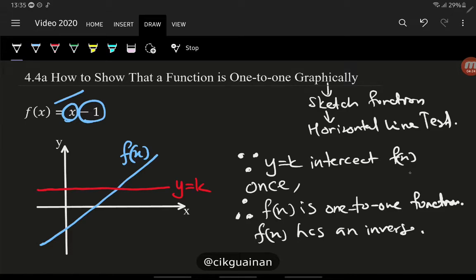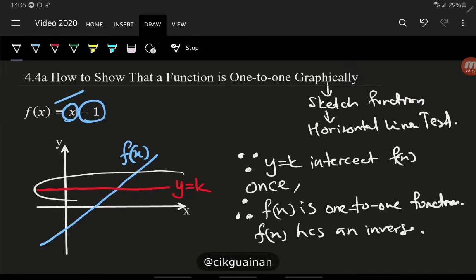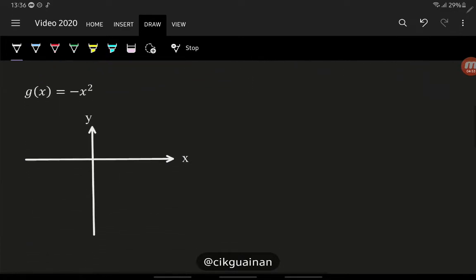So this is how to write it. This is how to solve it. We sketch it first, and then we sketch a horizontal line, label it y equals k, and then we trace it up and down to see whether it always intersects once at every point along the function that we test with, and then we write the conclusion like this. So three steps. Let's move on to the second one.